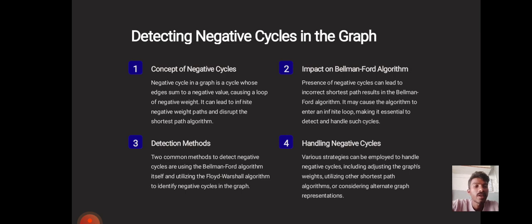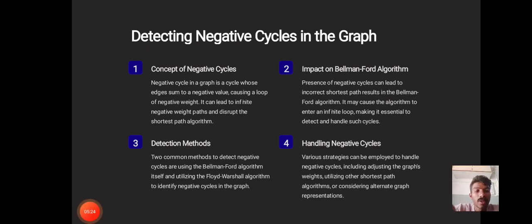Detecting a negative cycle in the graph. Concept of a negative cycle. A negative cycle in a graph is a cycle whose edges sum to a negative value, causing a loop of negative weight. Impact on the Bellman-Ford algorithm. The presence of a negative cycle can lead to incorrect shortest path results. Detection methods.